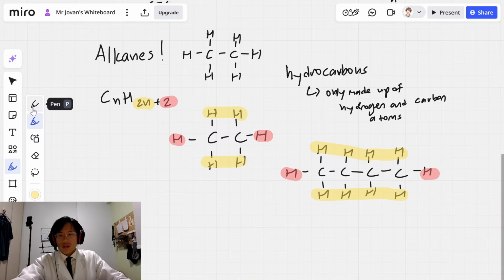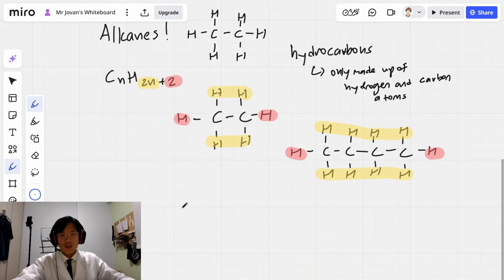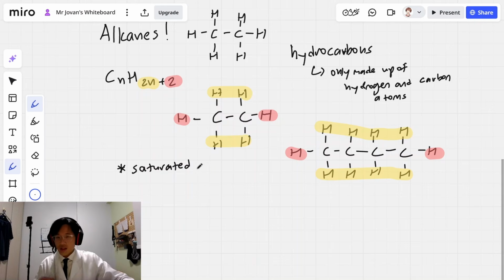Now that you know how an alkane looks like and the general formula, there's one thing you must know: alkanes are saturated. What does saturated mean? Saturated means that there is no C=C double bond.